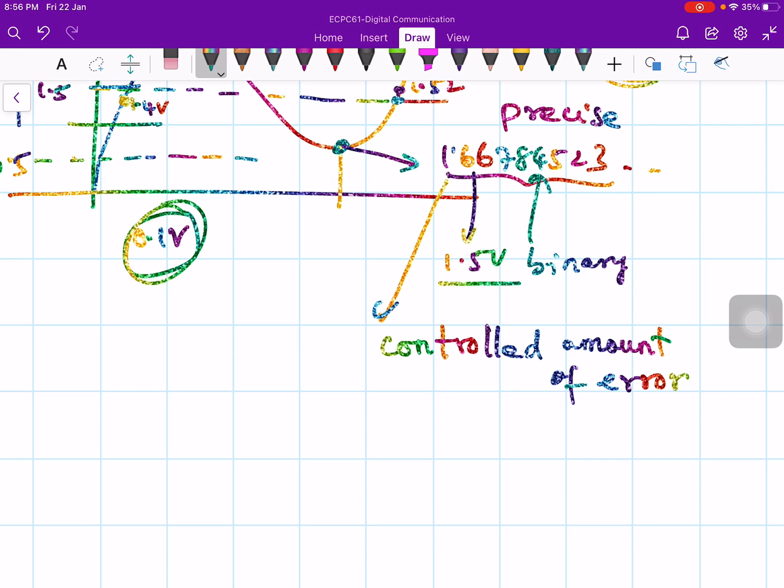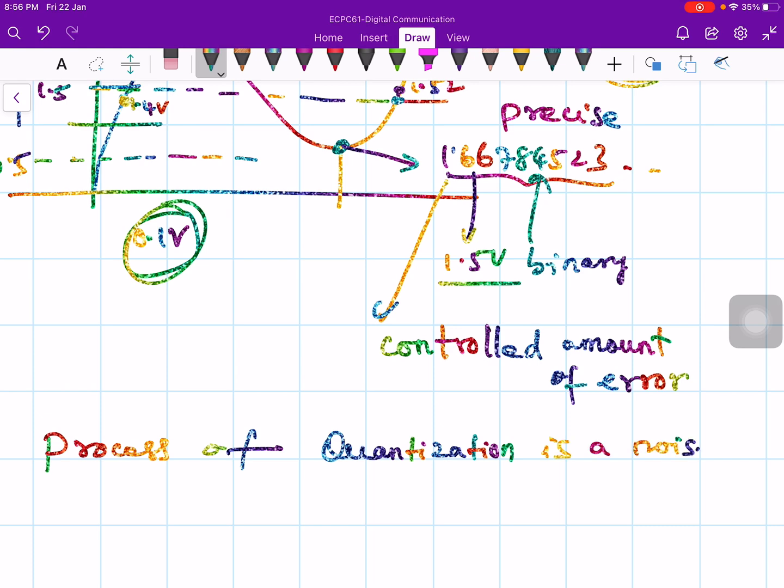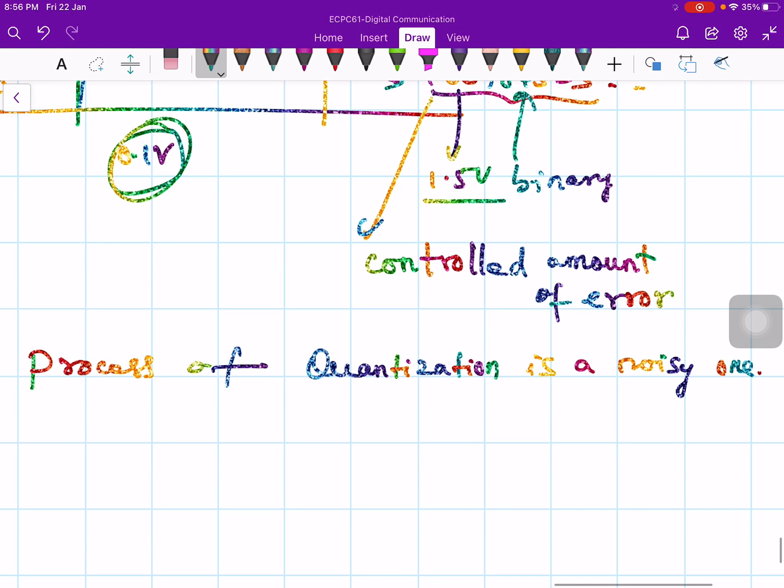So the advantage that I get is that of digital communication, that is, I am able to eliminate noise which is introduced later in the channel. It's a very significant thing that one can achieve in digital communication. But nevertheless we must be aware of the fact that the process of quantization is a noisy one, and we must also be able to figure out how much noise is being introduced.